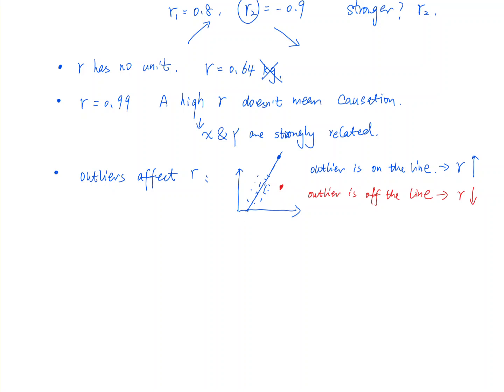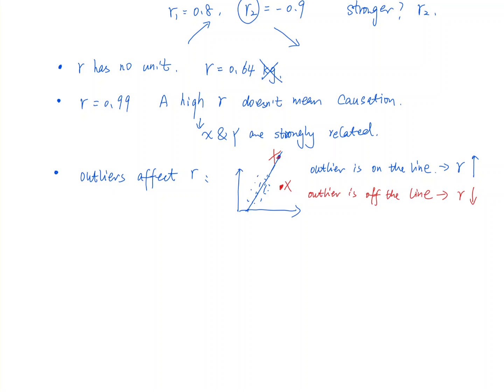Now my question is, do you delete this outlier? Yes. Do you delete this outlier? Yes. For any outliers, you need to delete them before any data analysis. Why? It doesn't matter whether the outlier is on the line or off the line.